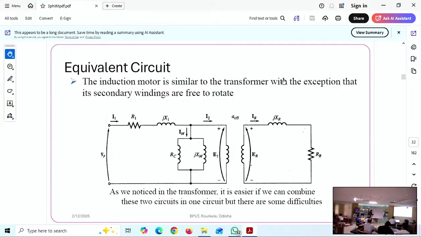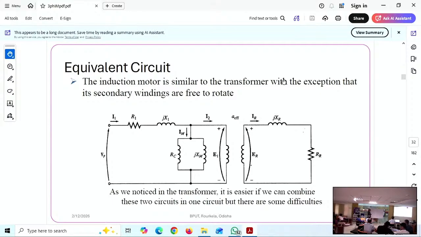You can write X2 dash equal to X1, where X2 dash is the rotor reactance referred to the stator side, that is, the primary side.